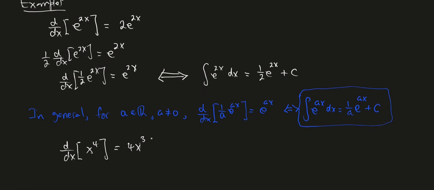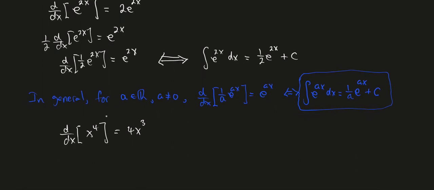But then again, let's do the same thing that I did over here. Let's just try to get the function of x by itself and this constant that's multiplying it. Let's try to get it on this side. So if I divide both sides by 4, I'll have 1/4 times the derivative, this is a product there, of x to the 4th. That's equal to x cubed.